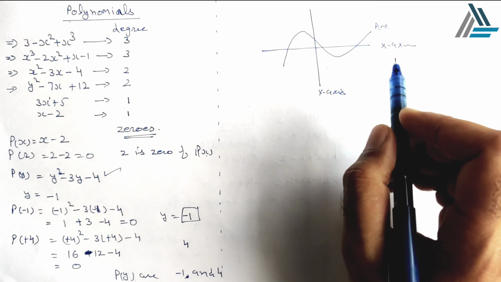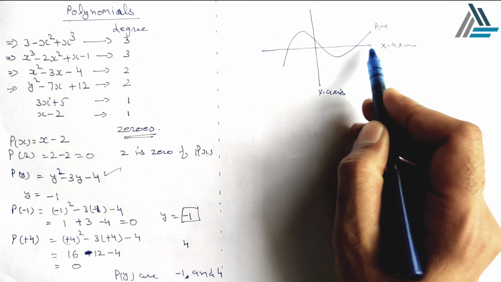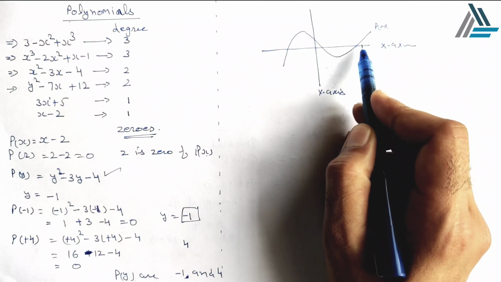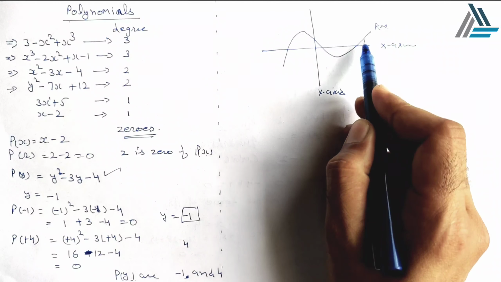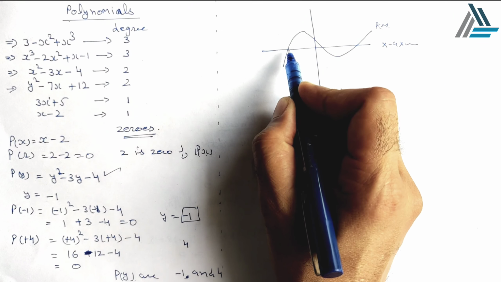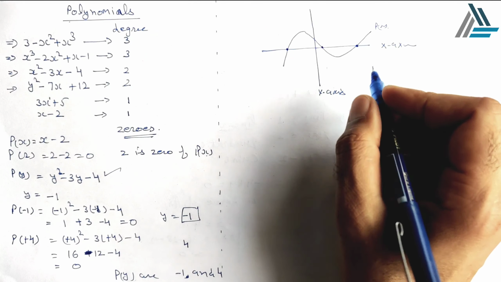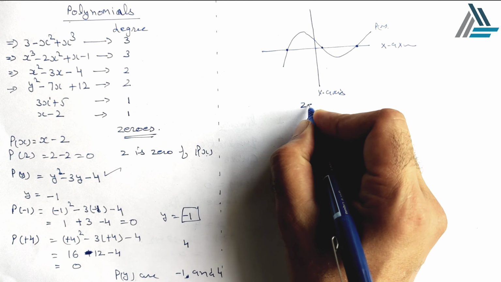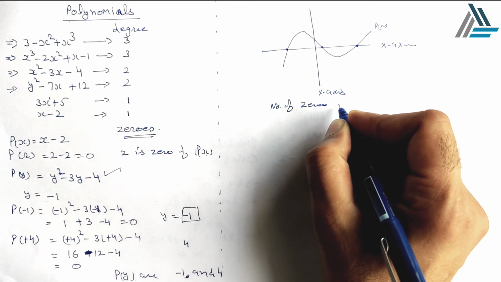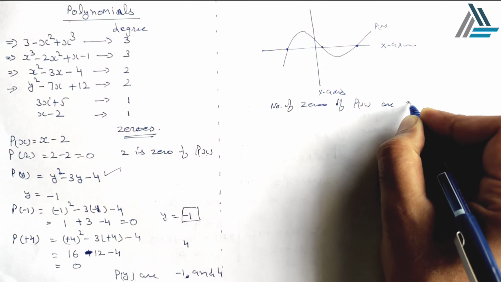For this we have to see how many times this graph intersects the x-axis. Listen carefully, we have to see only the x-axis, where the graph of the polynomial intersects it. Here are 3 points, 1, 2, 3. So the number of zeros of polynomial p(x) is 3.